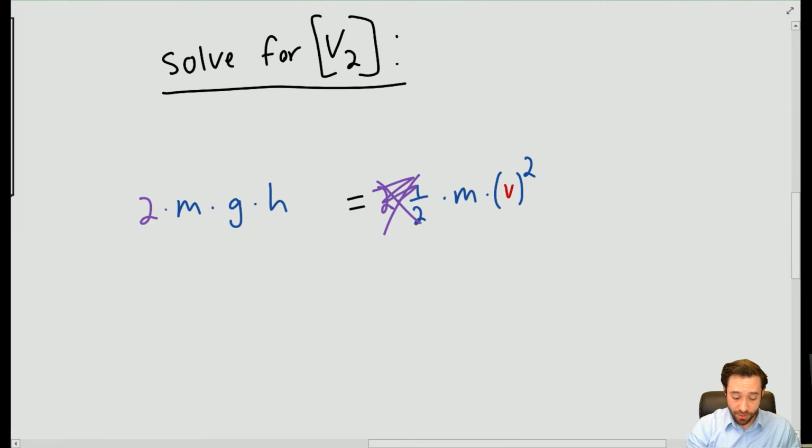So this part is gone. Now I just have m times v squared. If I want to get rid of the m, because it's multiplied by v squared, I divide. I divide by m over here, and since I've got an m for mass and an m down here for mass, it also cancels on the left side.